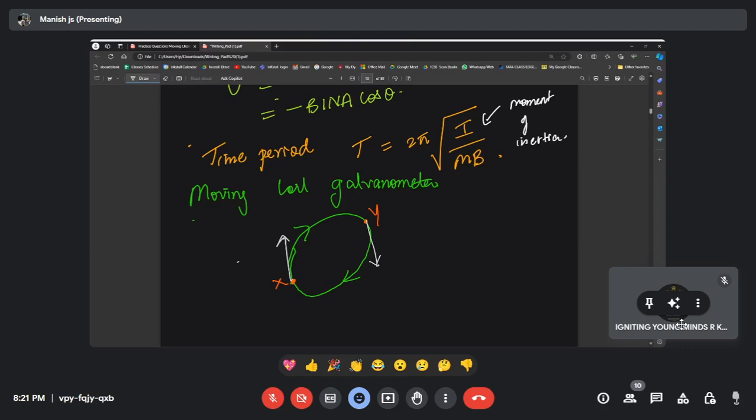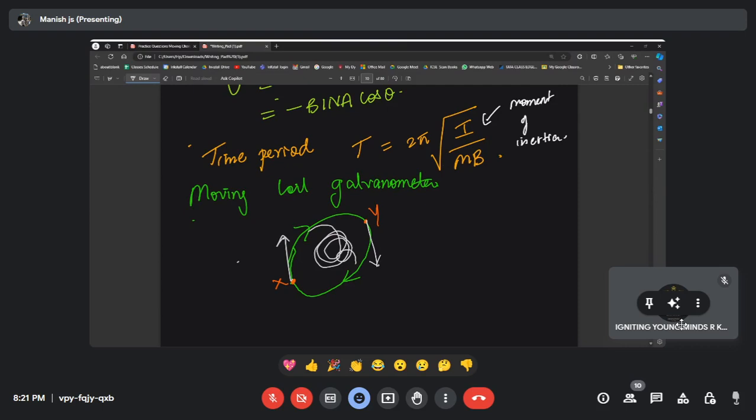Once it starts to rotate, the coil does not rotate forever. That is why a small spring is kept. The coil is wound to a spring, children. The spring provides a restoring torque. The applied torque is due to Fleming's left hand rule.